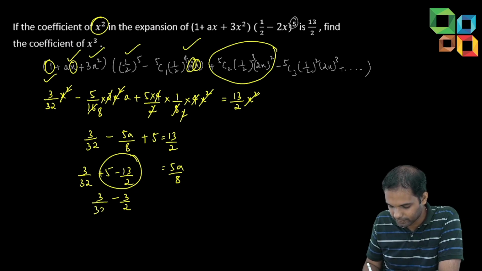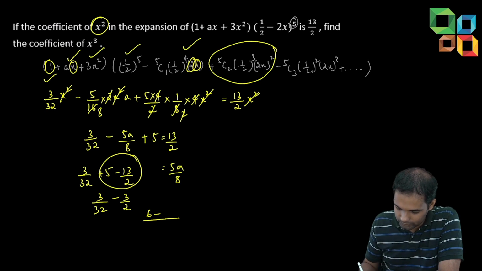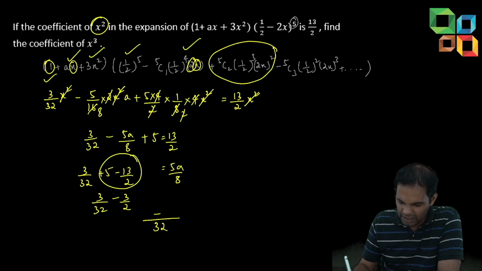Remaining is 3 by 32. Again, take the LCM. So it is 6 minus, the denominator is 64. So 3 into 2 is 6, 32 into 3 is 96. So if you kept the LCM as 32, the calculation would have been easier.